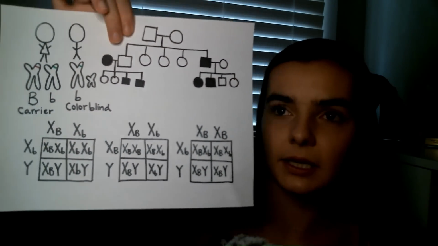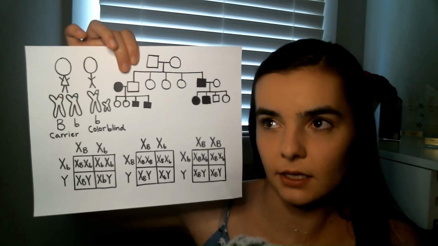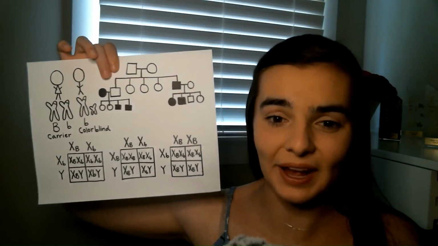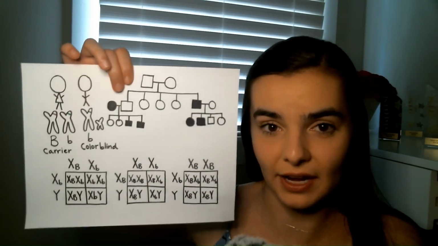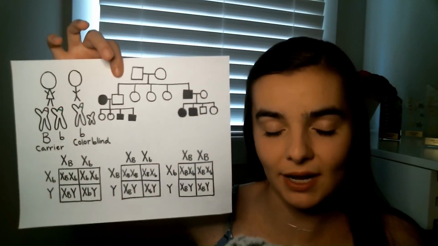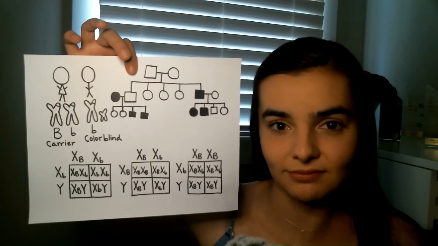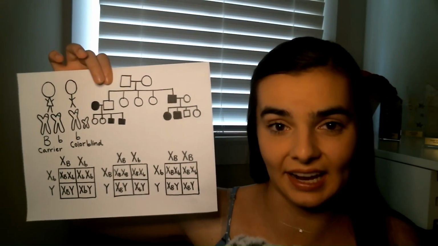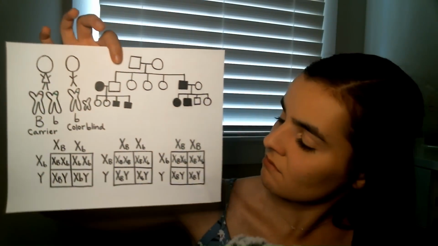So yeah, basically the takeaway for X-linked traits is that in order to have an affected female, she must have an affected father. That's the big rule. If a father does not have an X-linked trait, the daughter can't get it. The son could get it, but the daughter cannot.